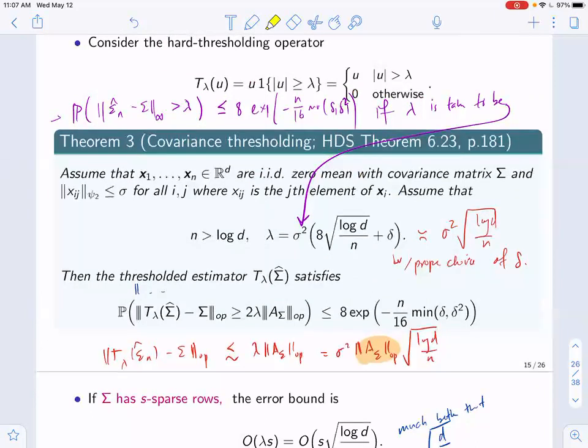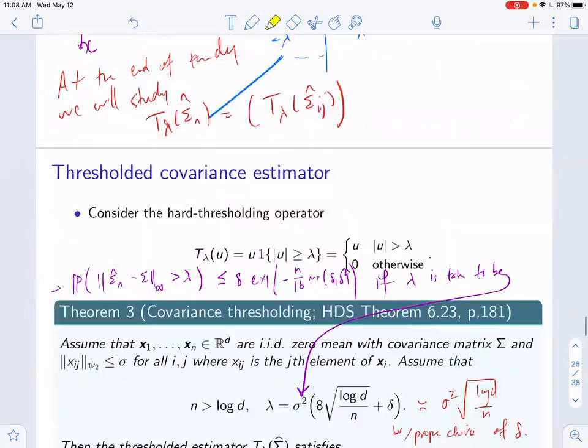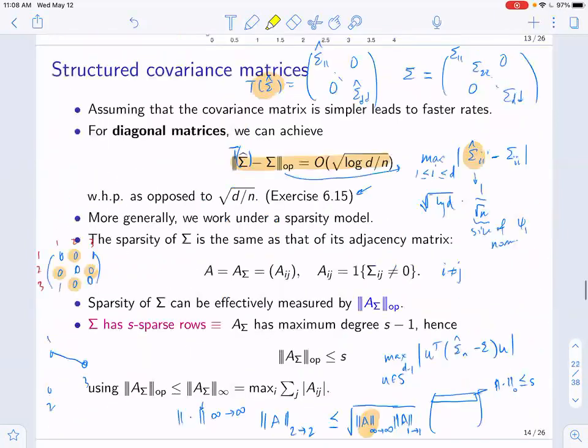Using the techniques that you now know, you do it for every coordinate, and then do a union bound, and it is of this order, where sigma is a bound on the sub-Gaussian norm of each entry. So the bound would be root log d over n, like the bound that we have for diagonal covariance matrices if you do the thresholding.